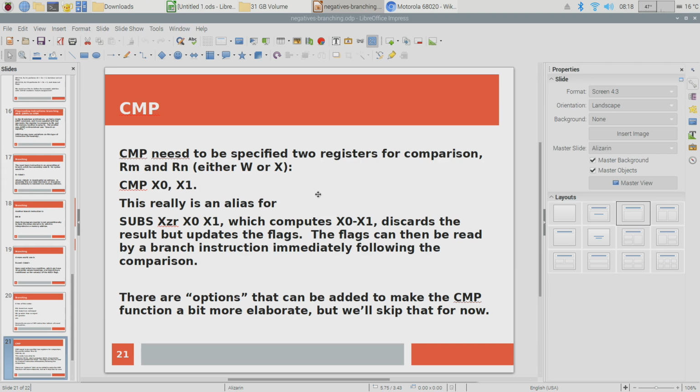Like let's say you had for int i equals 0, i less than 5, i plus plus, stuff. Then what would you do at each iteration of the loop? You'd take the register that has your counting variable in it, take the number 5 or 4, whatever, and compare them.